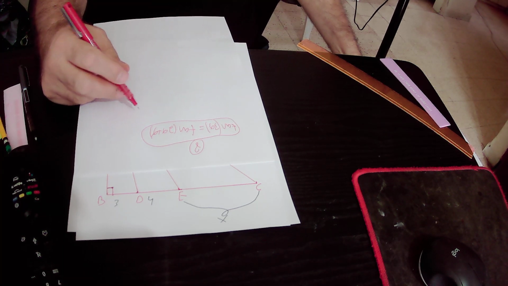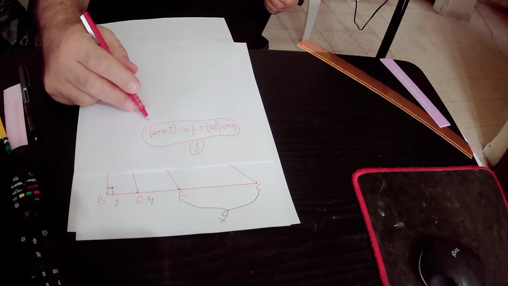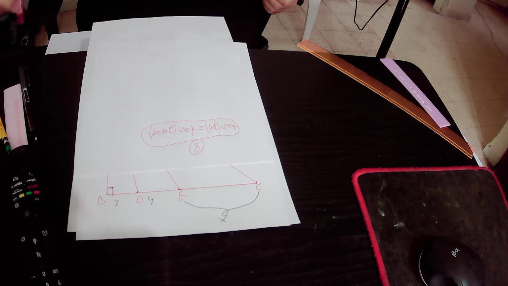And in order to find the value of tangent of 2 alpha plus alpha, we will use a trigonometric identity.